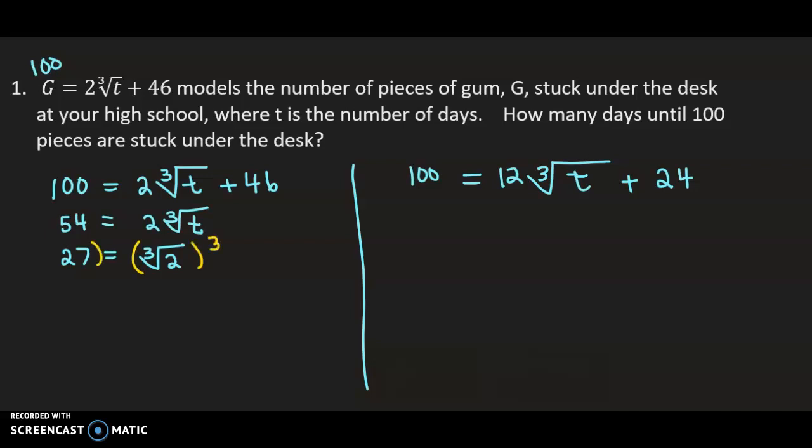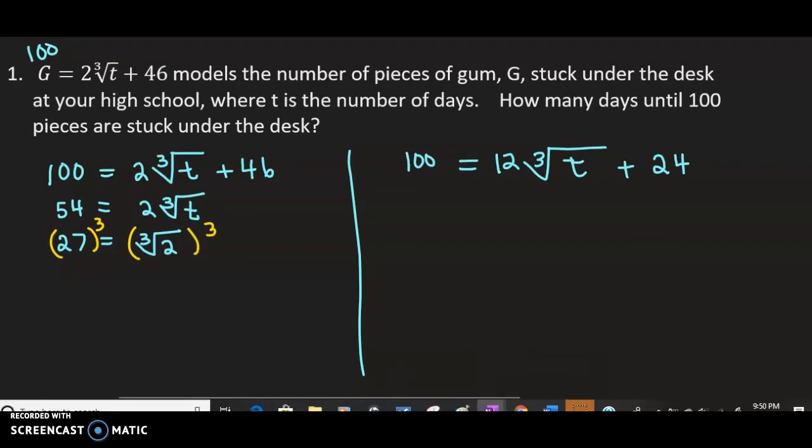What you do to one side, you do to the other. This is a pretty big number. It's supposed to be a t, not a 2. So you get 27 cubed, and on the right hand side you get t.